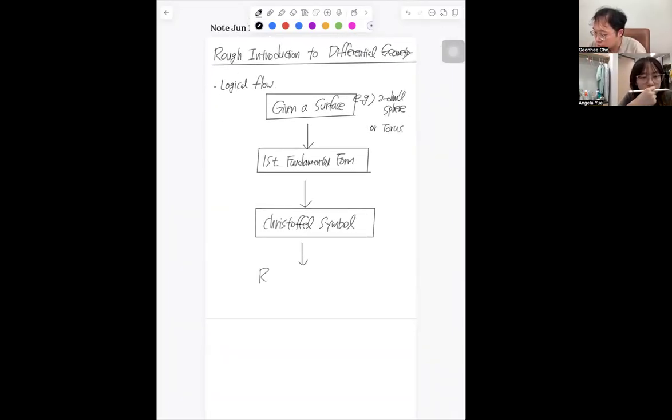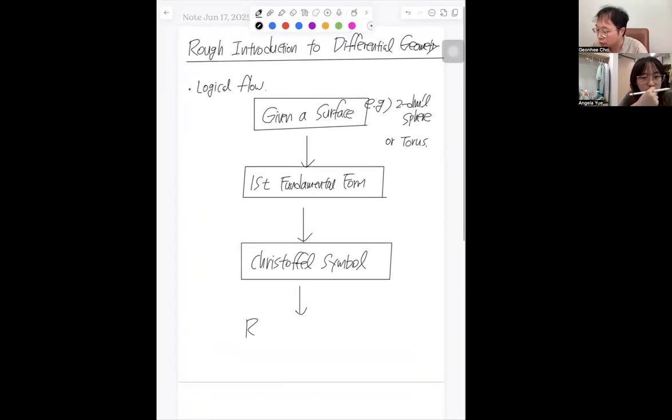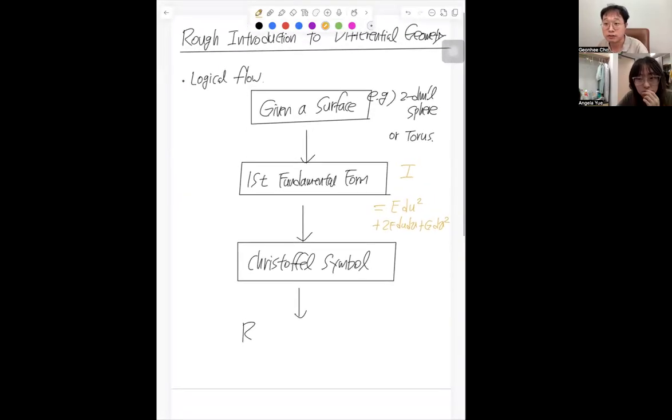You also want to get familiar with the notations, so let me put the notations here as well. For the first fundamental form, we denote it with the same expression from the note that I shared. It looks very messy: E du squared plus 2F du dv plus G dv squared. But anyhow, this is the first fundamental form.